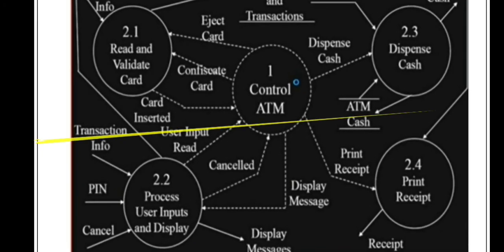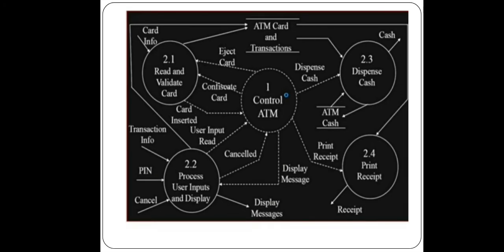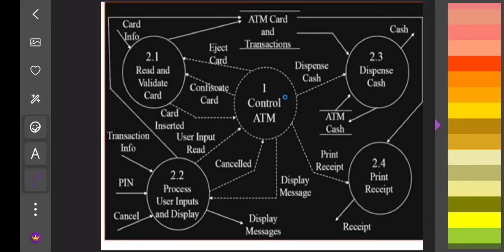So now we'll talk about the ATM card and transaction. Okay, I'll show you with the help of a sketch. Let's take the example of a very simple ATM control DFD. Out here you can see that there is a data store, and it contains the information about the ATM card and also the transaction.